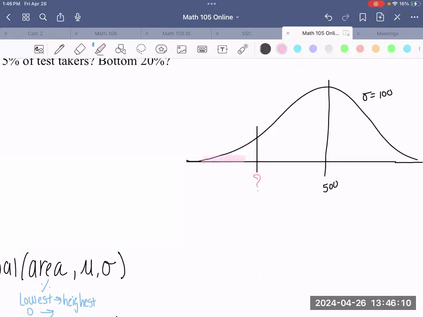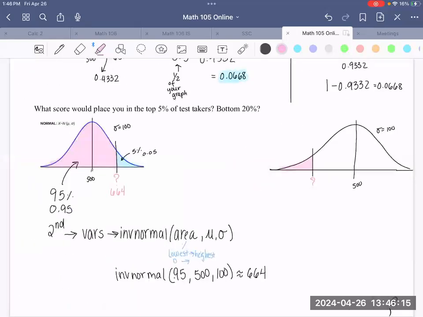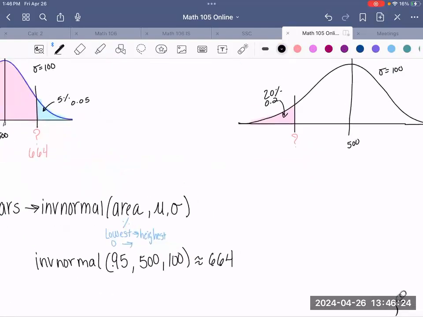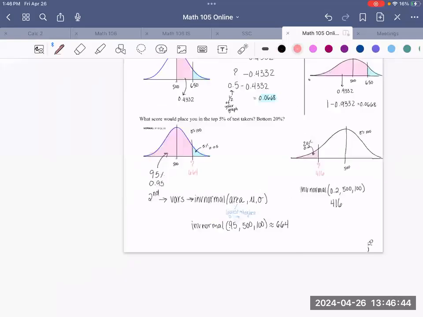And this time, because we're working with the bottom margin, this is actually what we can use. We can use this 20% or 0.2. So if we were to put that back into your inverse normal, we can use 0.2, your 500, and your 100 to get a score of 416.